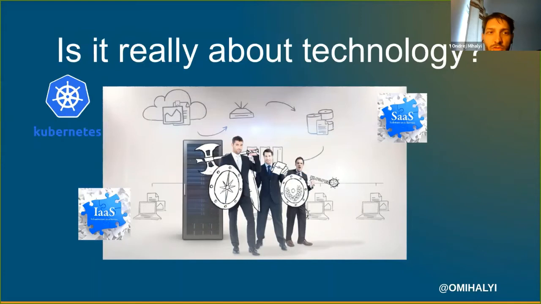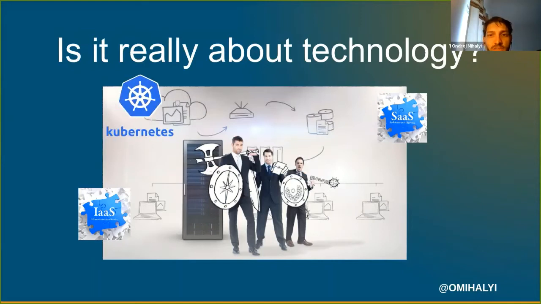We have many cool technologies. A lot of them start with K. Before they started, we used to start with J to refer to Java. Now we have more than Java in the technology world, and in the cloud space.